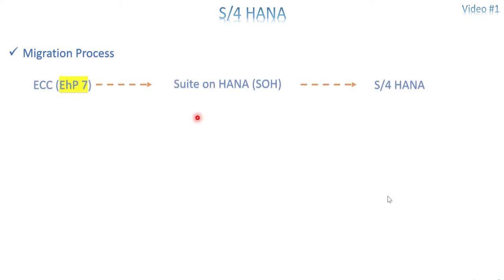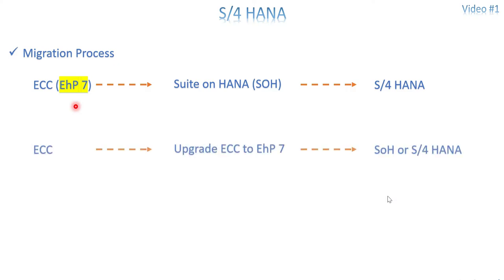And then, a little technical point: if you want to migrate to HANA, SOH and HANA or S4 HANA, whatever it is, your ECC must have enhancement package 7. That is the minimum criteria. If your ECC has an EHP lower than 7, you have to upgrade your ECC first, then go with HANA.